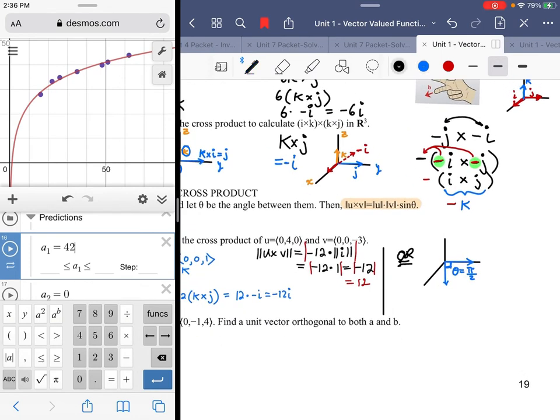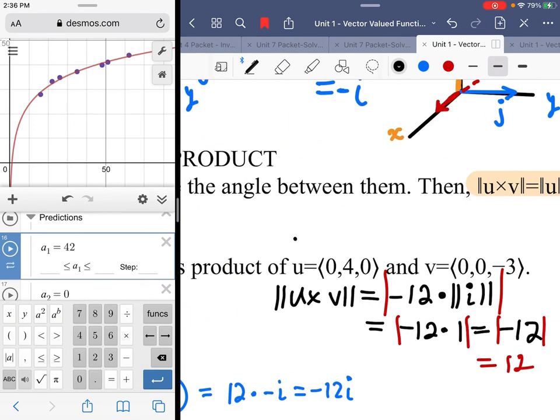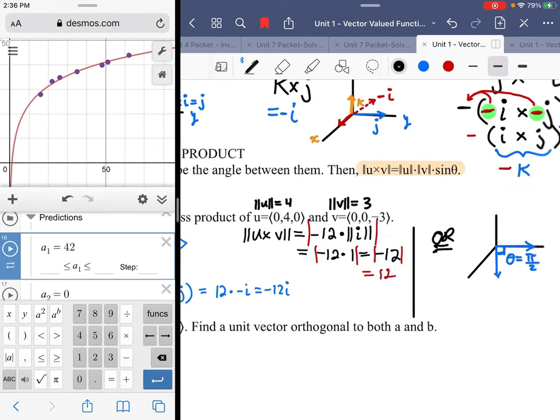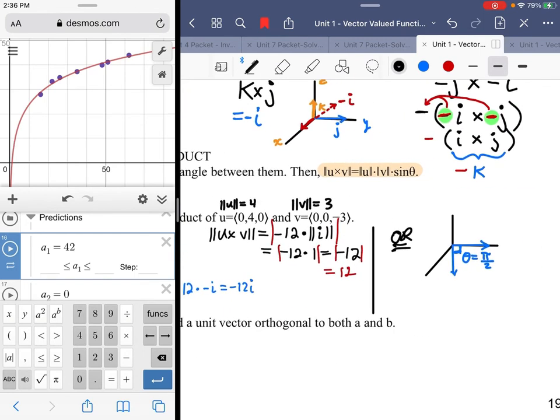All right, so if I want the magnitude of the cross, I would need the magnitude of each. The magnitude of each one would be 4 and 3 respectively. So we'd be looking at the magnitude of u cross v is equal to 4 times 3 times the sine of pi over 2.